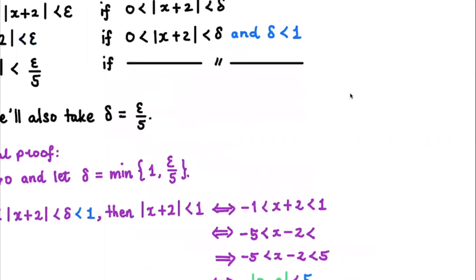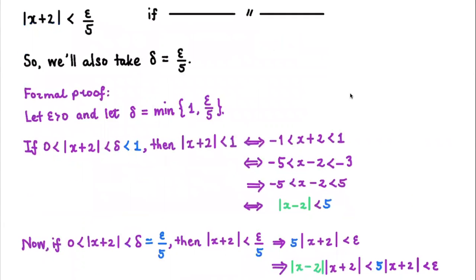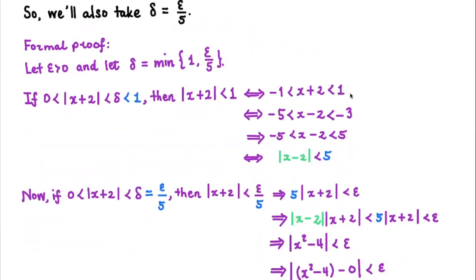And then the next line would be the one that we just solved a while ago. So it implies x minus 2 is between negative 5 and 5. So this is absolute value of x minus 2 is less than 5.